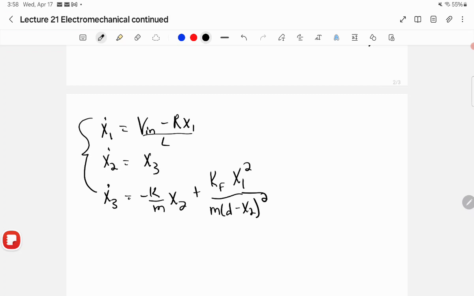Okay? So now I'm going to make this next part simple, but you could obviously make it a bit more complicated if you wanted. What I'm going to do is linearize.